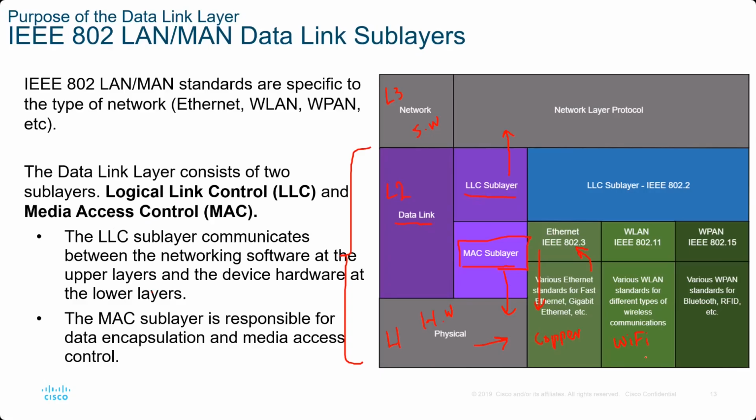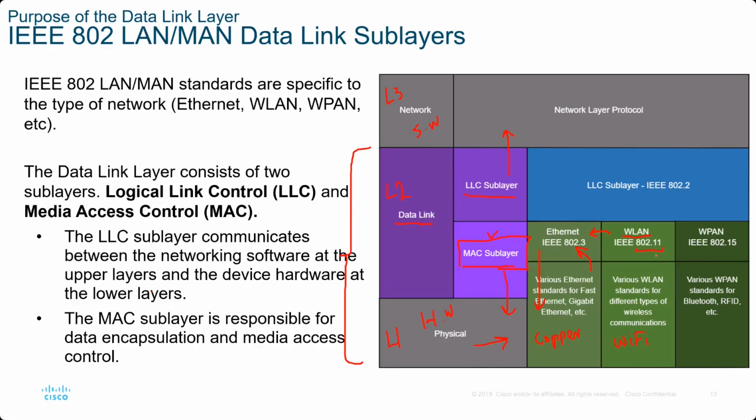So if I select that physical media for my computer network to communicate, then at the data link layer, specifically at the MAC sublayer, I will be using a different standard. My frame will look completely different than the Ethernet frame. Now I'll be using a WLAN frame, which follows the 802.11 standard. And there is a difference between those frames.